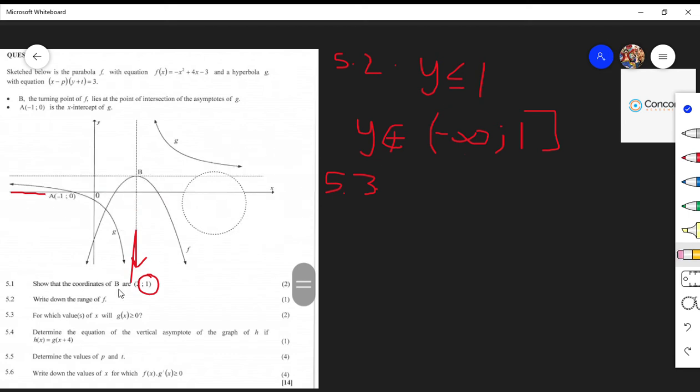So I'll just clear this up. So the only values that are positive are this part over here and this part over here, because as you can see from point A the graph becomes positive, right?